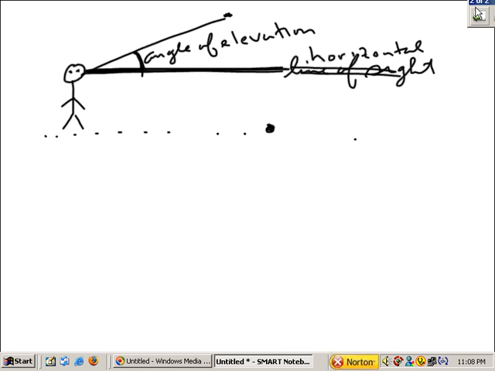Your line of sight was this. That's the line of sight, and since it's above the horizontal, it makes an angle which is called an angle of elevation. If your line of sight is to this point right here, since it's below the horizontal, we call this angle an angle of depression.